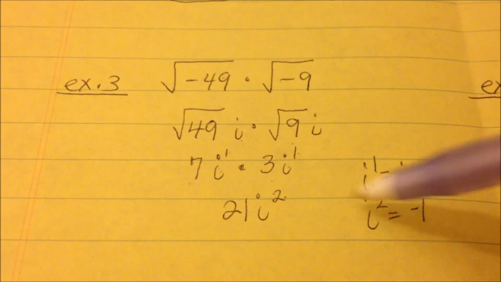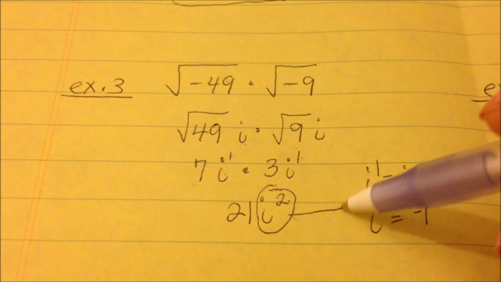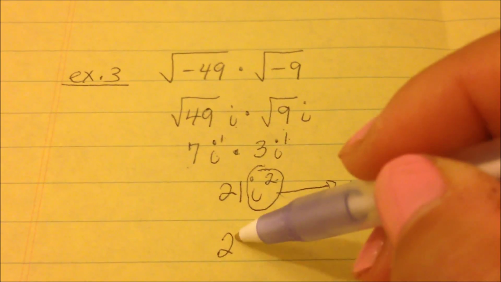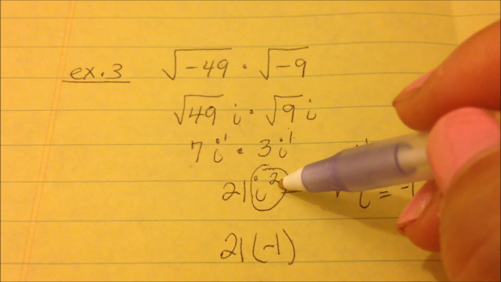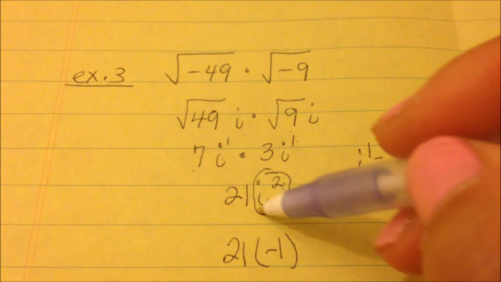So if i to the second is negative 1, that means this right here needs to be substituted with this right here, and so that's going to be the negative 1. So we have 21 times negative 1. Now it's not negative 1 squared, because that's a mistake a lot of students will make. They'll try to put a square because they think they're substituting the i part.